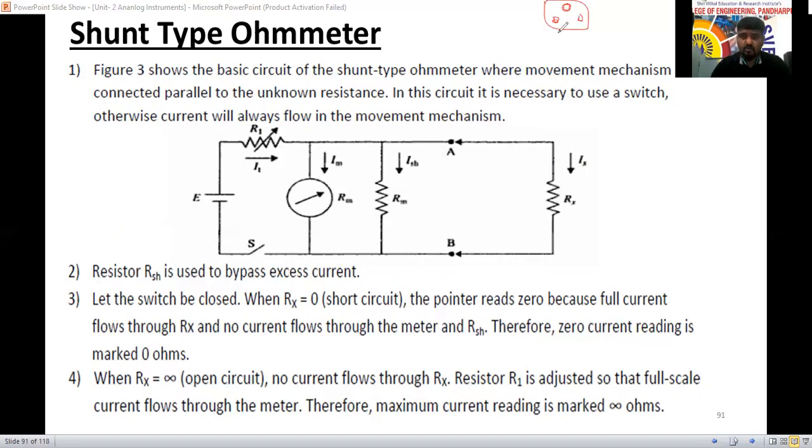So it indicates here one is phase. We are going to consider one as phase, another one as neutral. What is the third point? This one. Earth. This is the earth point. Earth point means all the body parts of the fridge, washing machine, iron box are connected to it.